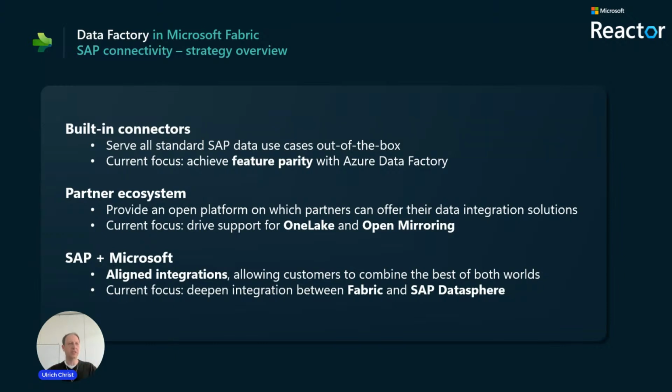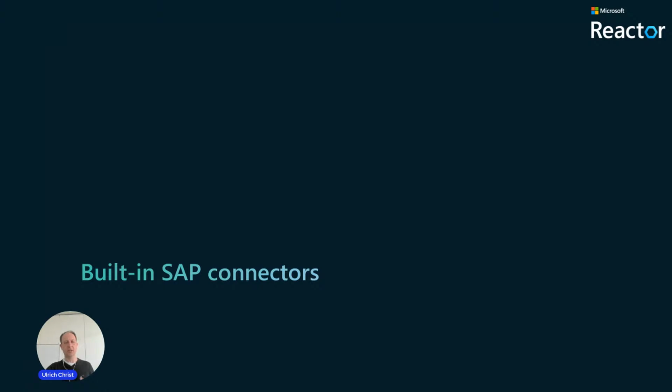So this integration is very important to us, and we're putting a lot of focus on that as well. So that's the high-level theme. Three main pillars. Think of building connectivity, partners, and of course, alignment with SAP strategy. That's what you should always have in mind when it comes to understanding our SAP strategy.